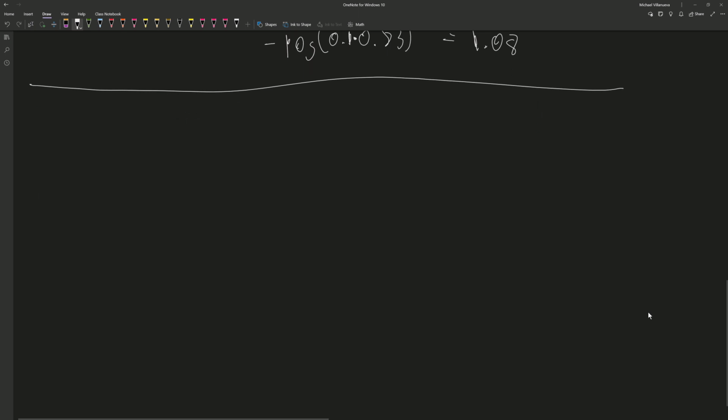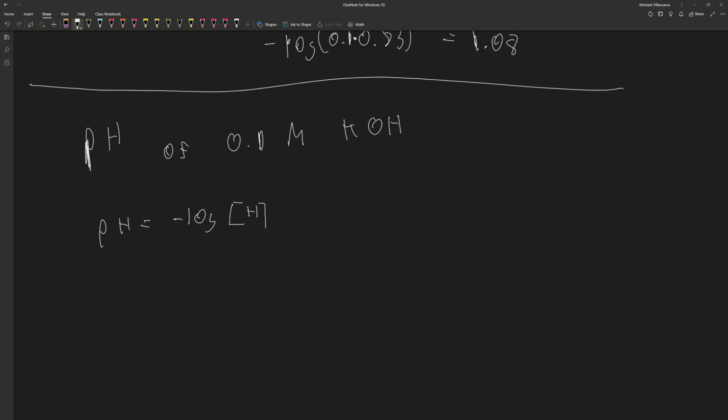Now let's talk about the pH of 0.1 molar KOH. Notice that this is a base. pH equals negative log of the H concentration, but we don't have the H concentration.